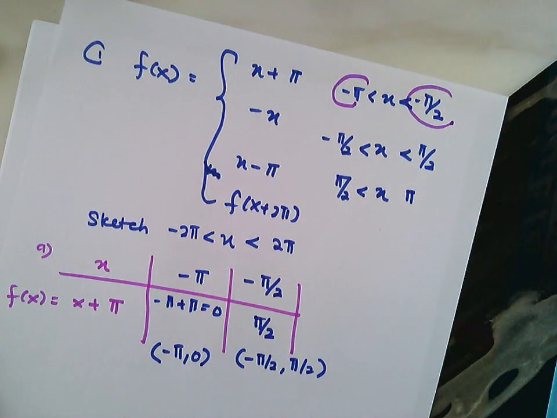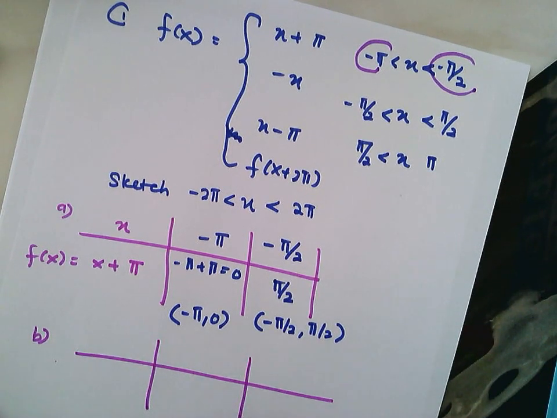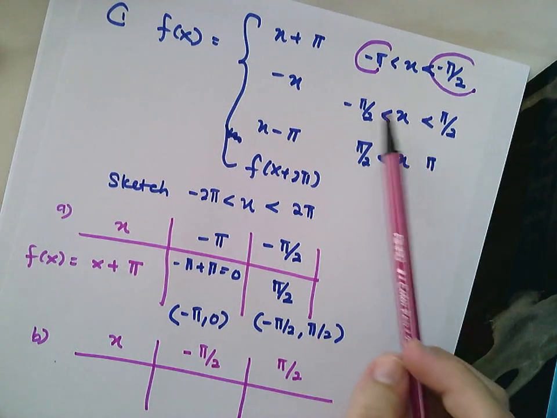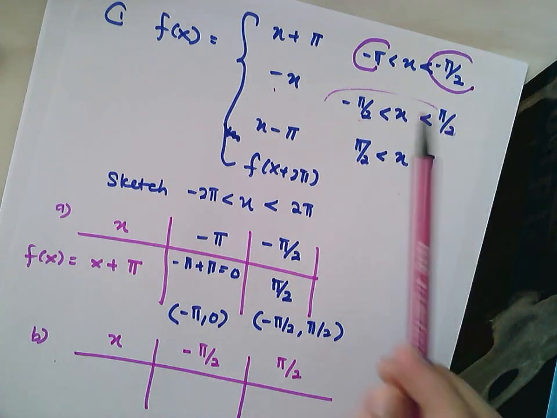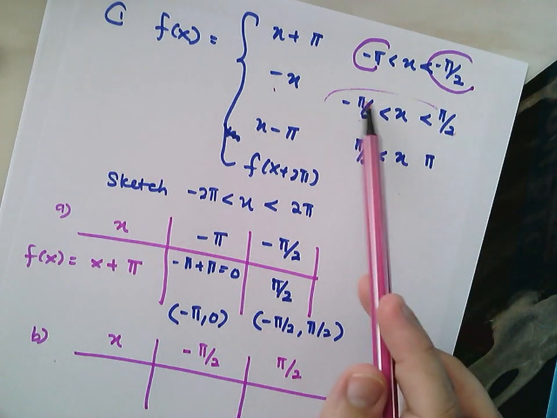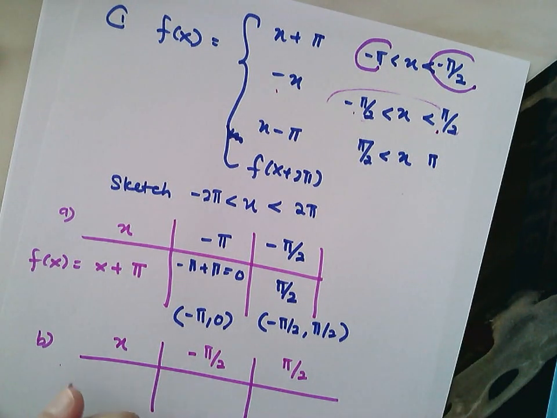For the second function, consider x equal to negative pi over 2 and another one, pi over 2. You just consider the upper limit and the lower limit for this function. In this case your f(x) is equal to negative x.